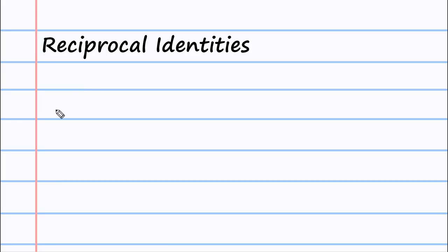Alright, so the next few slides that we'll be covering are about trigonometric identities. The first type of identity we'll be talking about are the reciprocal identities. Cosecant theta is a reciprocal of sine theta, right? So we can just write that as 1 over sine theta. Secant theta is equal to 1 over cosine theta. Now the next 2 are identities that use sine and cosine to describe tan theta.